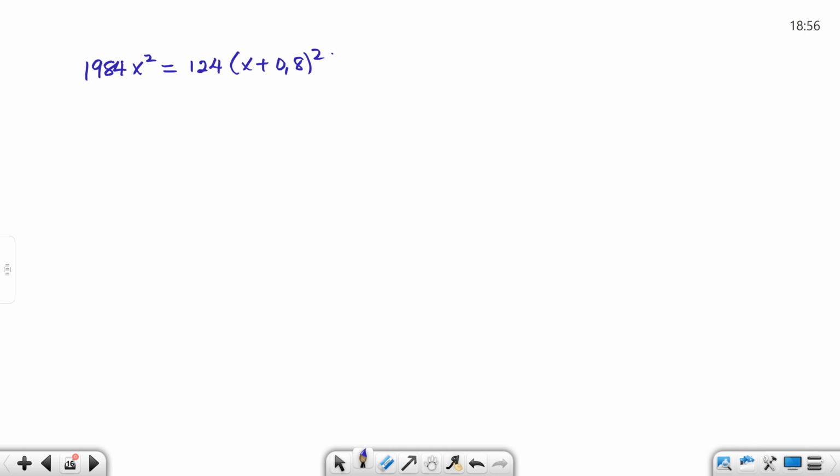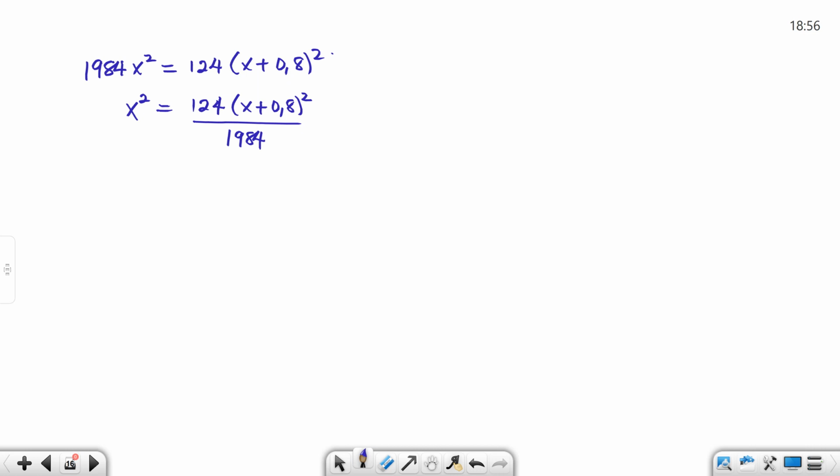Let's put all the ones with the x on the same side. Let's divide both sides by 1984. What do we have? x squared equals 124 (x plus 0.8) squared divided by 1984. I need us to get the one with the x onto the left.